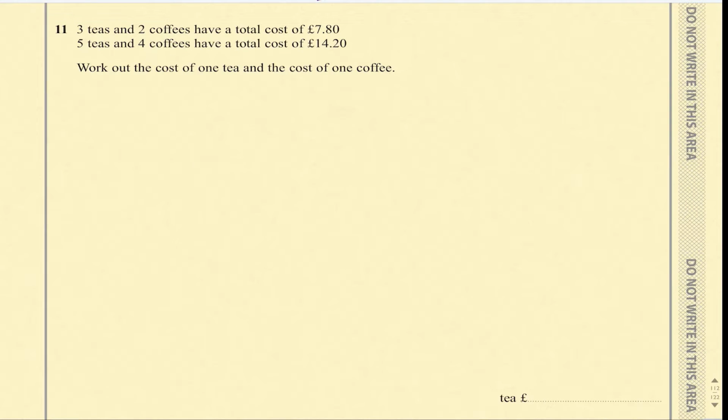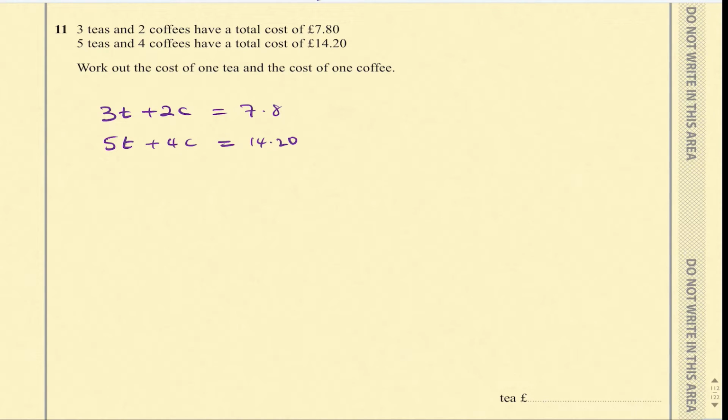Question 11. 3 teas and 2 coffees have a total cost of 7.8. So we might write this as 3t plus 2c equals 7.8, and 5t plus 4c equals 14.2.